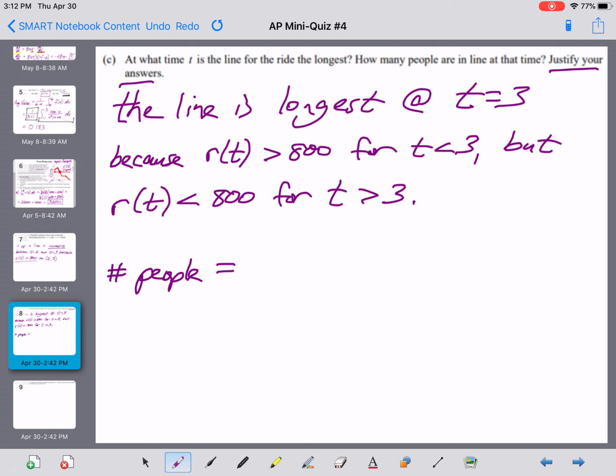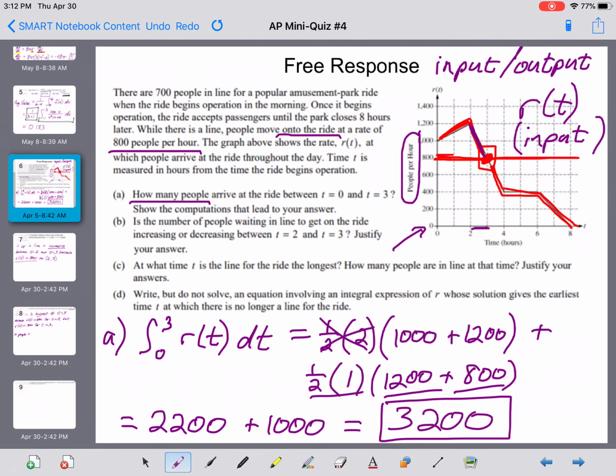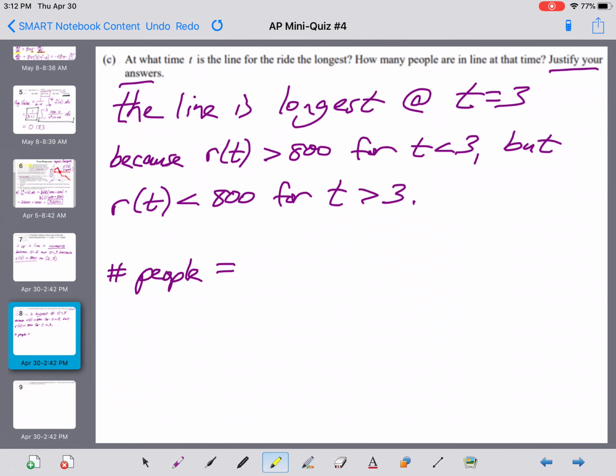The first thing you have to worry about is the starting amount, and they almost always throw this at you, and it's really easy to miss and overlook, but they tell you there are 700 people in line when the ride begins operation in the morning. So that tells us that we're starting this thing with a total right here of 700 people.